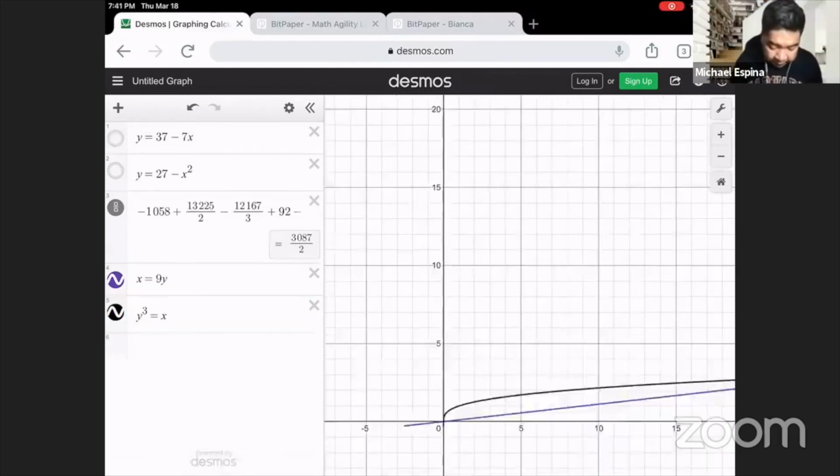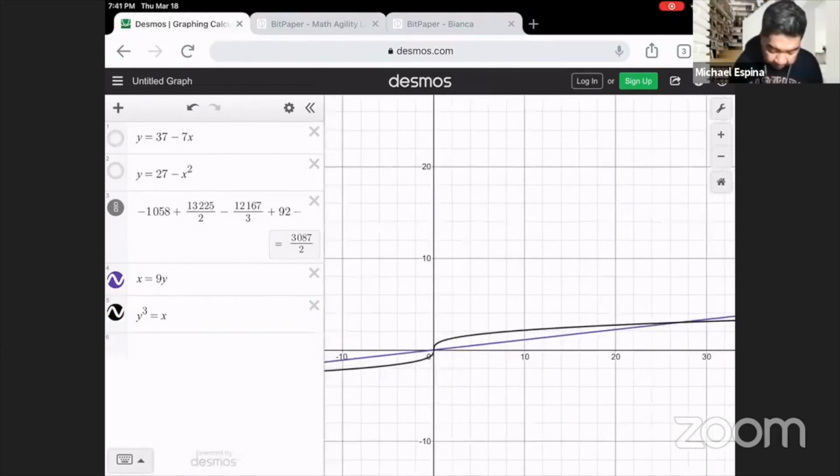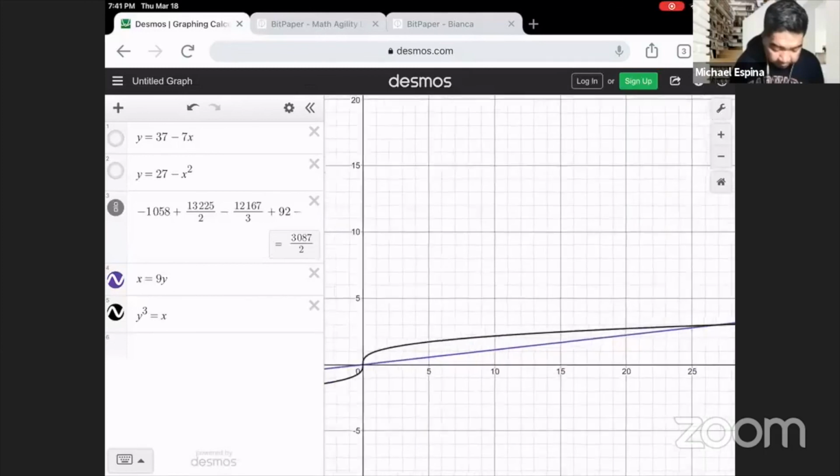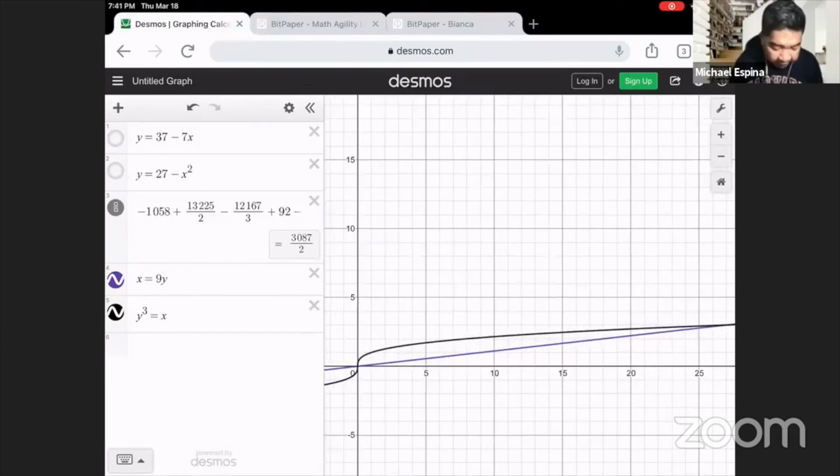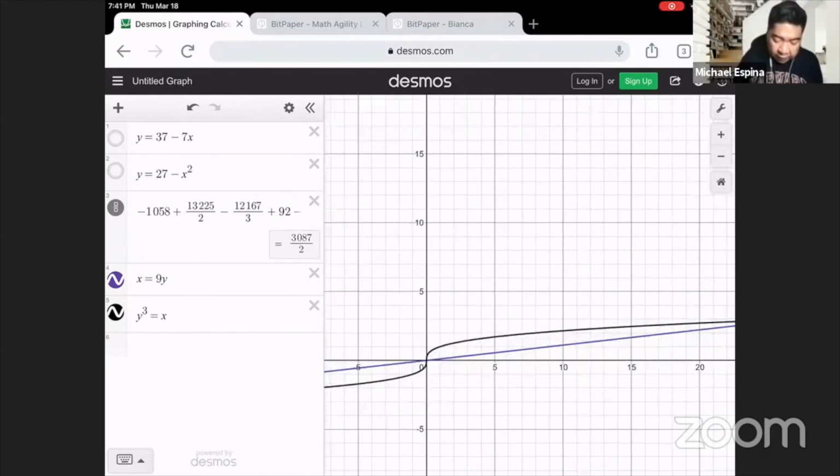Okay, this is our graph. The blue portion is our line, x equals 9y, and the cubic curve, the black one, is y cubed equals x. We're only concerned with the region above the x-axis, which is y greater than or equal to 0, so we don't care about the part below.